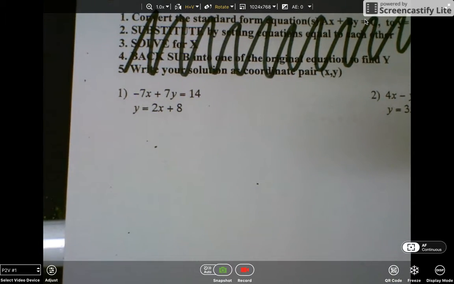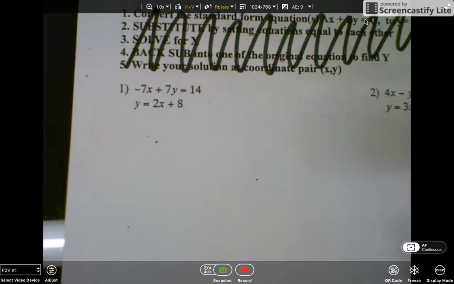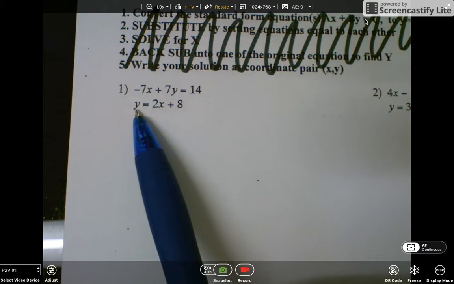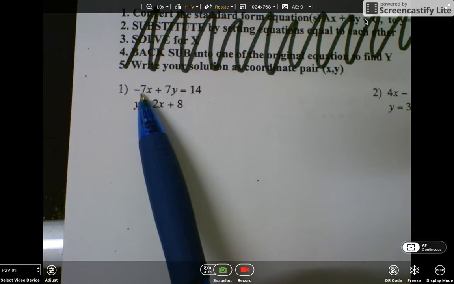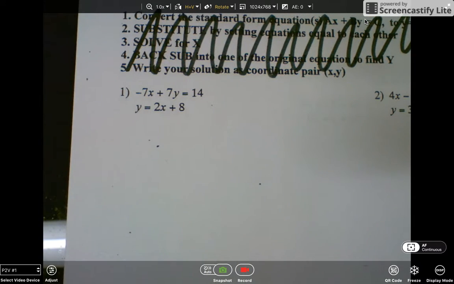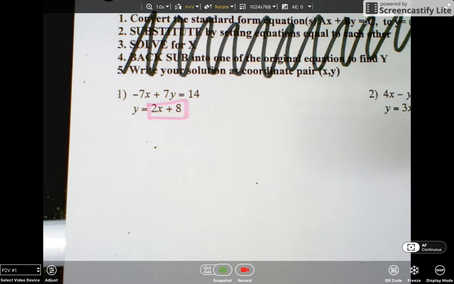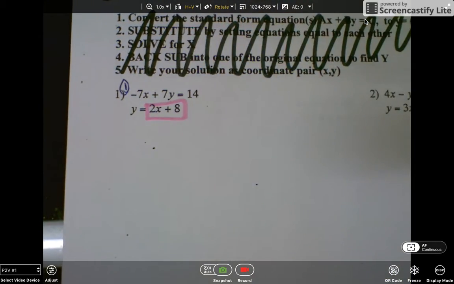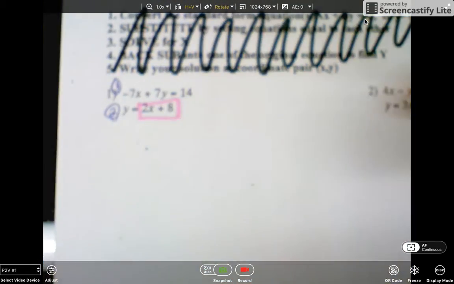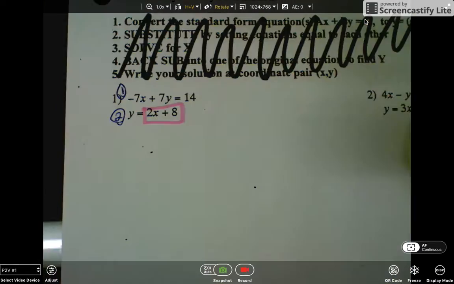So here is the first example on the reference sheet. As you can see, you have one y equals equation, but this one is not. So the first thing I'm going to do is box this off because I'm going to use this as my substitution. I'm going to reference all these equations as equation 1 and equation 2, just to make things a little bit clearer.